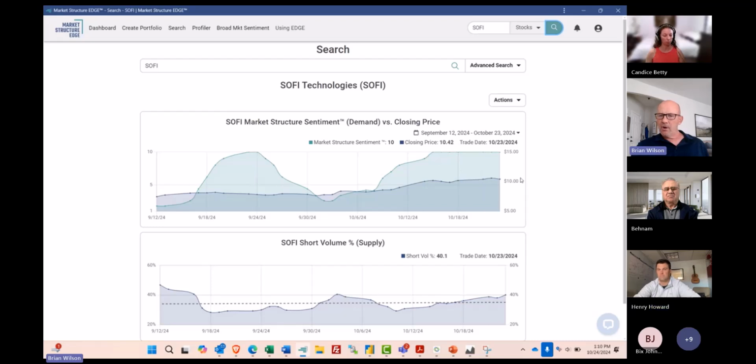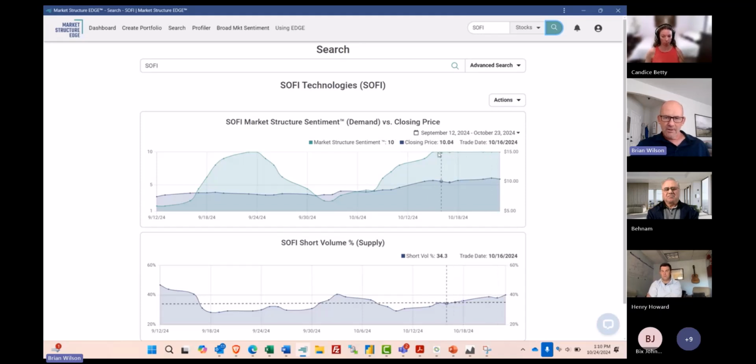To your point, Henry, personally, the longer it stays at 10, the harder it is for me to continue to place that trade. I'm just being honest here. If it's at 10 for longer than a week or so, it does make me hesitate, but maybe I should revisit that, based on some of these gains that we see in some of these names.